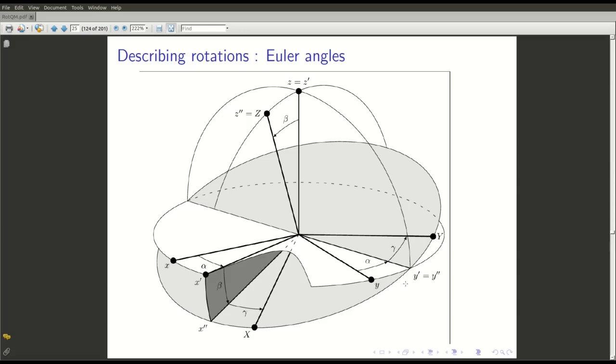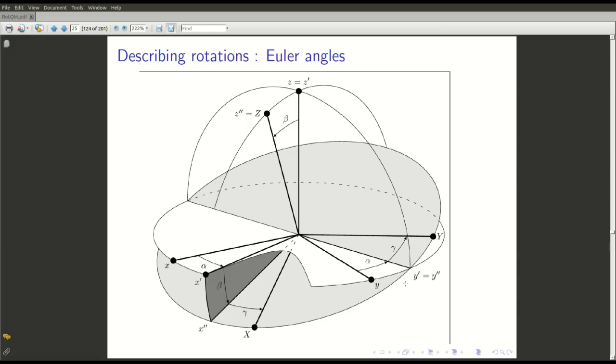So there you may have studied a sequence of rotations: original z-axis, new x-axis, newer z-axis. Here we are using a sequence: original z, new y, new z.